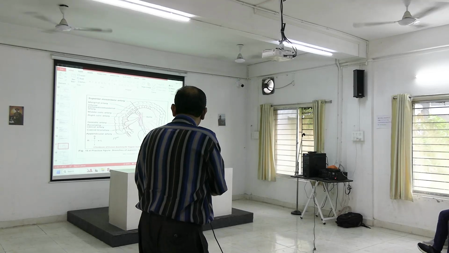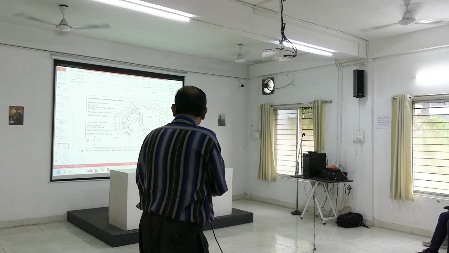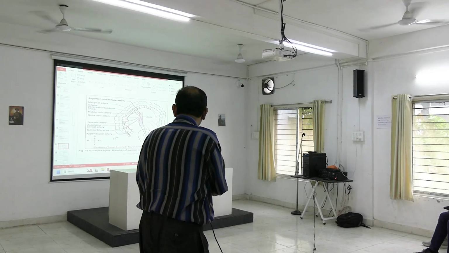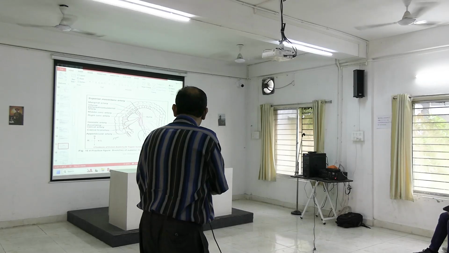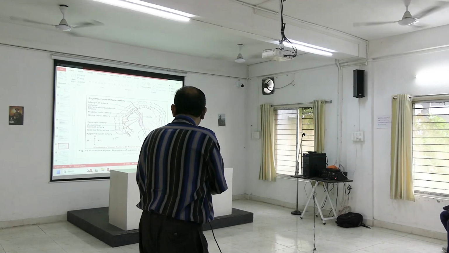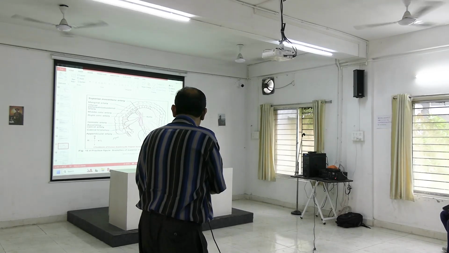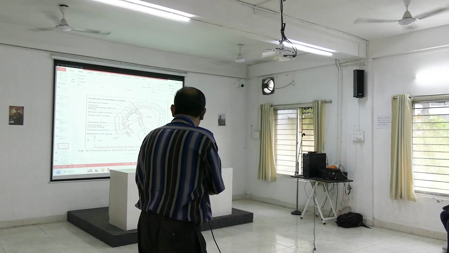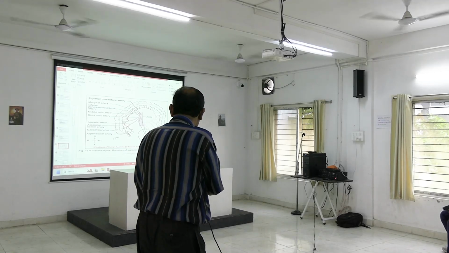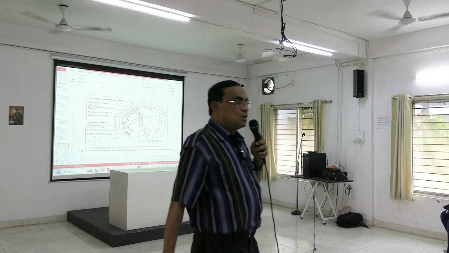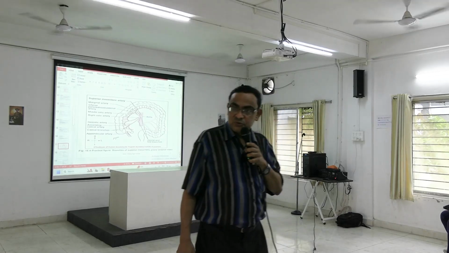So within this sigmoid colon, there is a point. There is a lack of anastomosis between this superior rectal artery and sigmoidal artery. This point is called the critical point of Sudek.